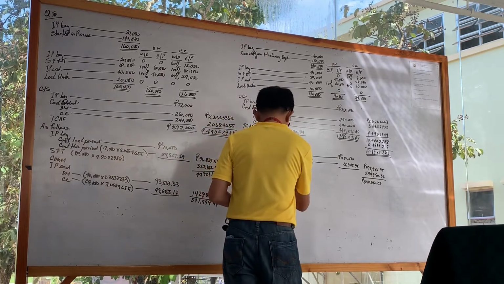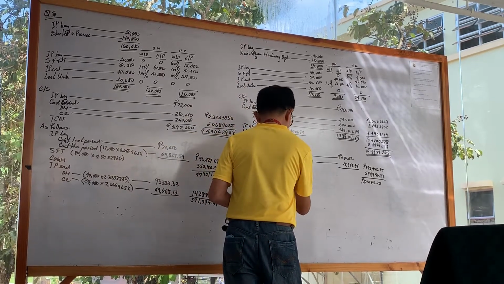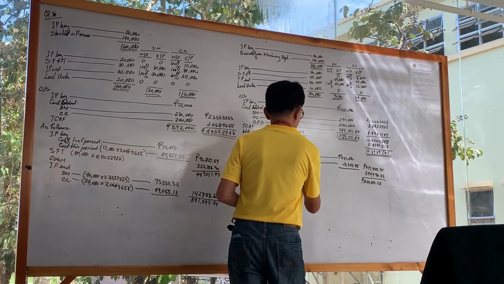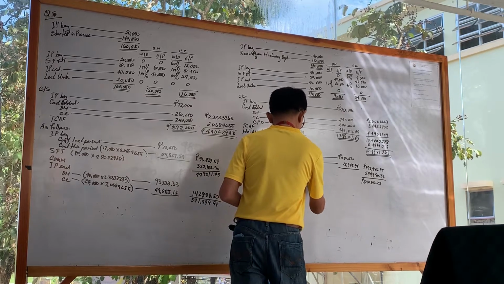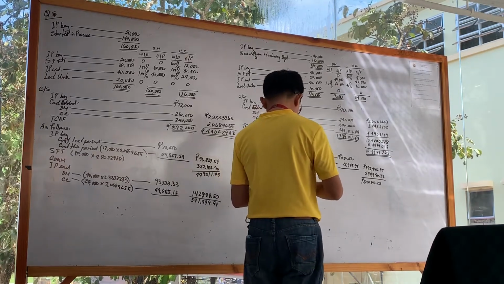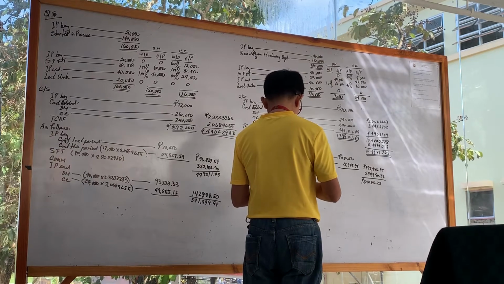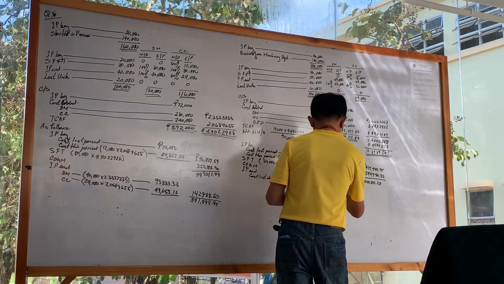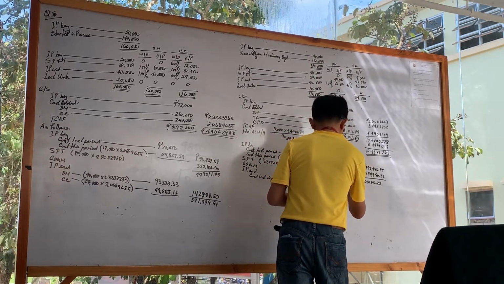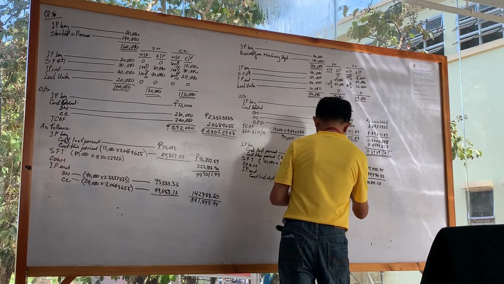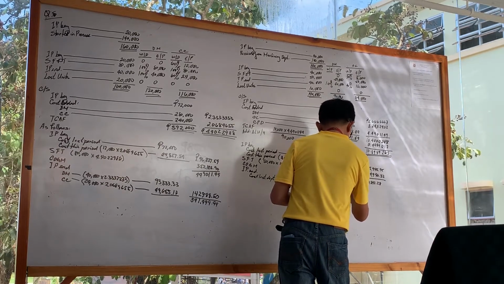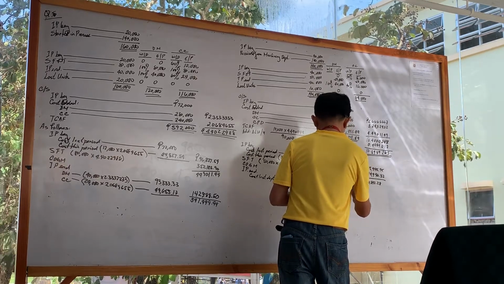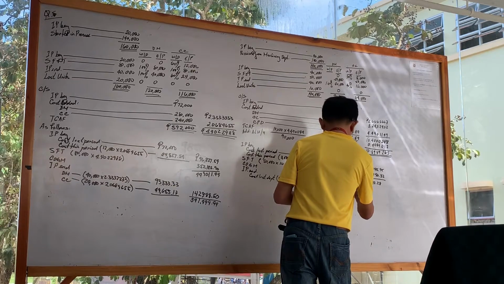That is 40,000 times 4.490149. That will give us 179,604.60.